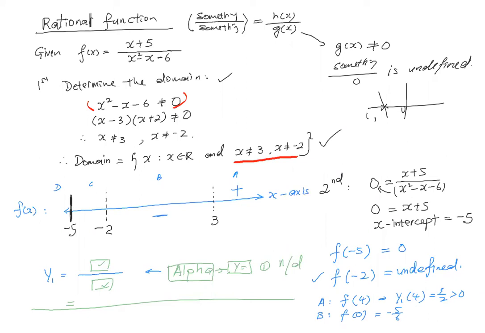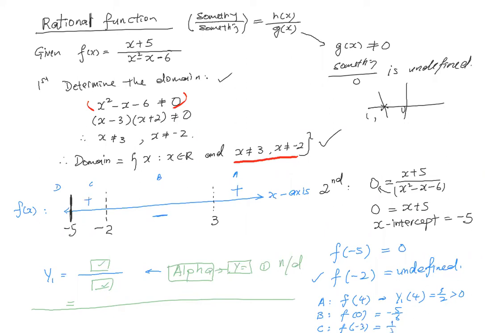Then region C, you just key in anything you like, but it must be within -5 and -2. I put -3. If you want, you put -4 also, it's not wrong. I just want to test for the sign only. So it's 1/3. So here will be positive.